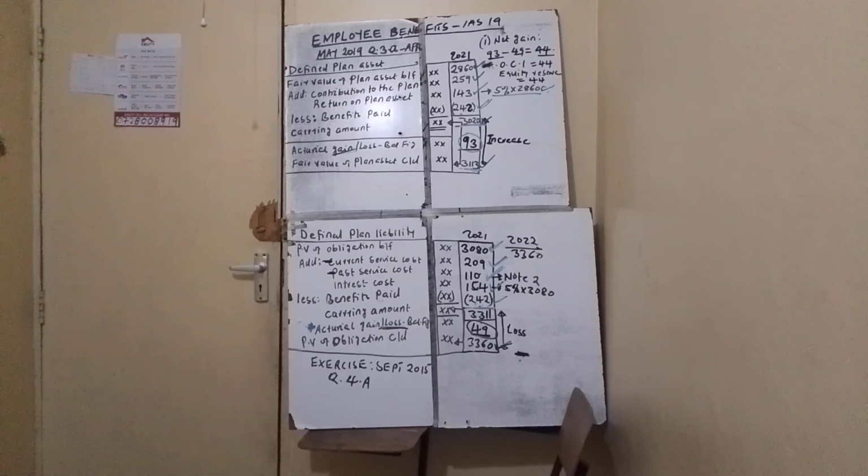We started that theory yesterday, whereby we said that IAS 19 prescribes that employee benefit costs should be recognized as a liability or an expense. A liability should be recognized when an employee has provided the service in exchange of benefits to be received by the employee at some time in the future.